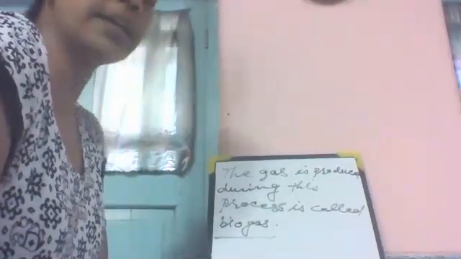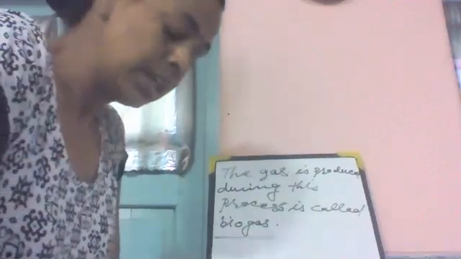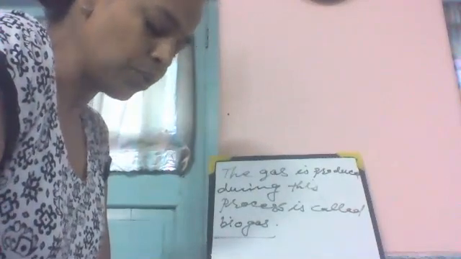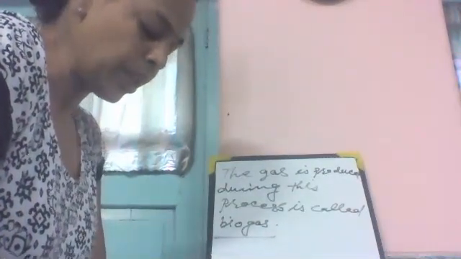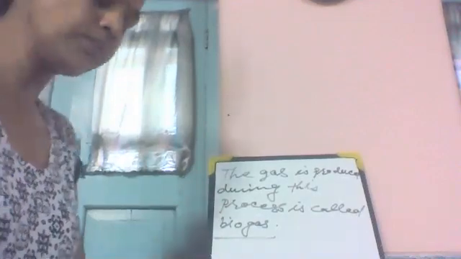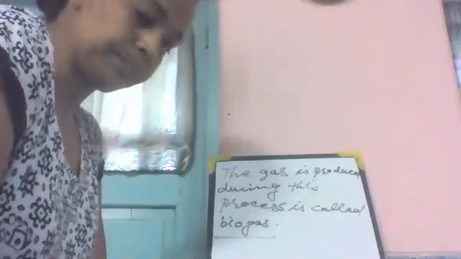It is used as a fuel for cooking, just like LPG. The gas produced in biogas is methane, which we can use in our cooking. The leftover waste produced during this process is used as manure in the crop field.